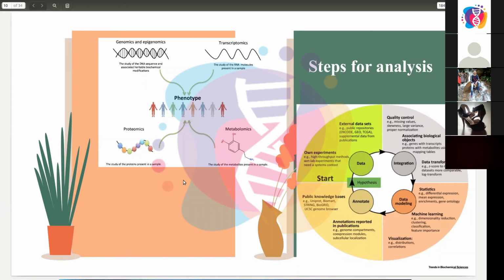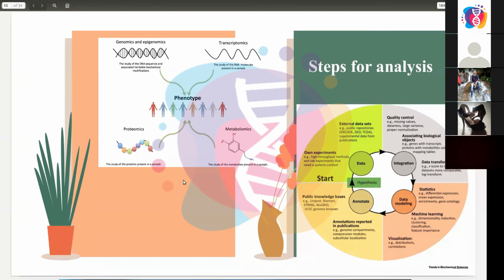The height of a person, weight, eye color, hair color, skin color. These are all affected by different omics that are there in your entire cellular structure, right? So when you talk about genomics or transcriptomics or proteomics, any of these omics, the first thing you want to see is how it is affecting the phenotype of a particular individual.